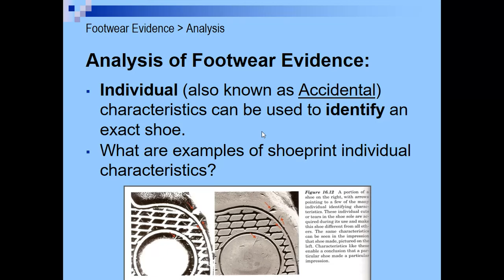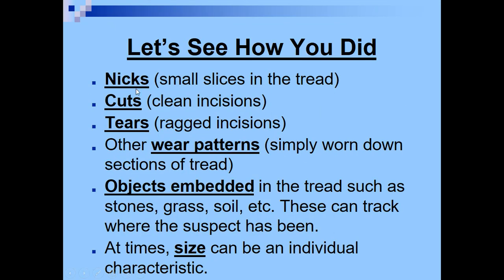Okay, let's see how you did. So here are the individual characteristics. Just because people travel in different places and walk differently, they're going to have differences in what's called the wear patterns of their tread.